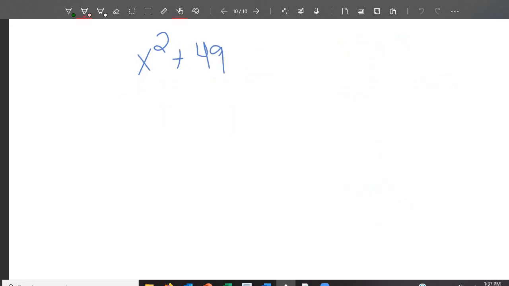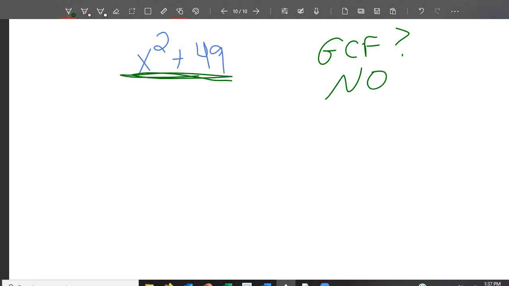Now let's look at this one. Well, let's check it for a GCF. Does it have a GCF? Answer is no. Now, it's got two terms though. So let's ask this question. Is it a difference of two squares?